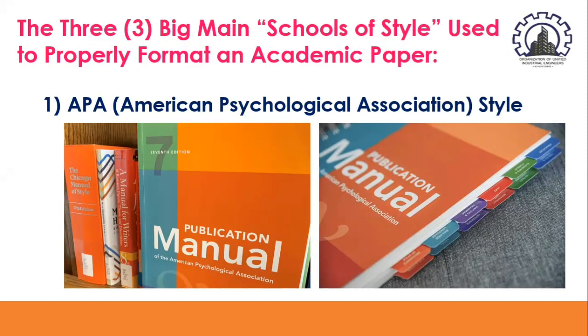Now, APA stands for American Psychological Association, and these are the official guidelines put forth by the American Psychological Association, now in its seventh edition. This is the preference of the social sciences.